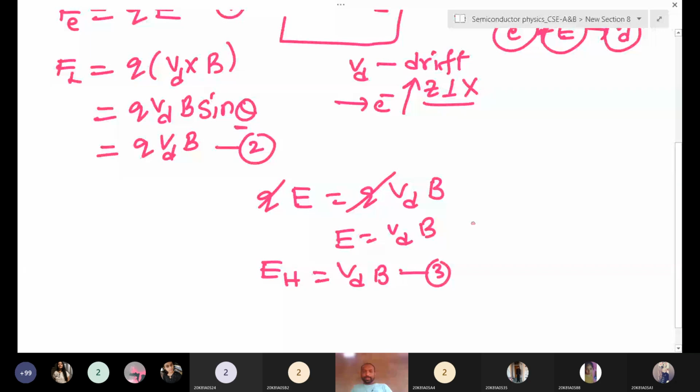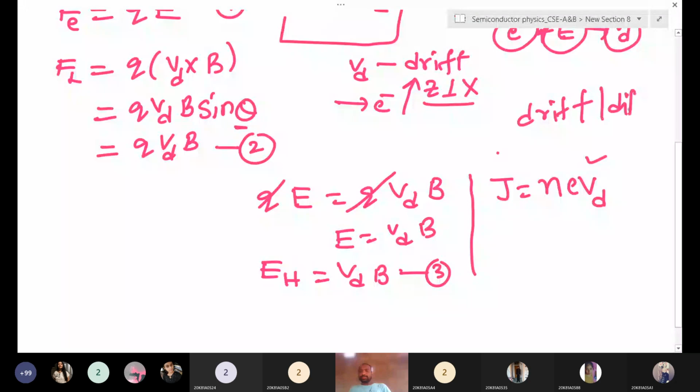But we know the current density J is equal to N into e into Vd. This is the relation between current density and drift velocity. Tomorrow we will discuss this relation, along with the drift and diffusion processes, which are very important for the PN junction.